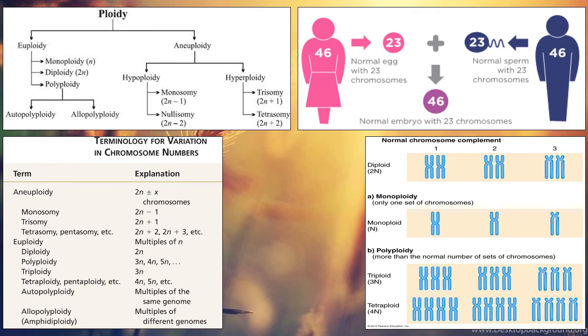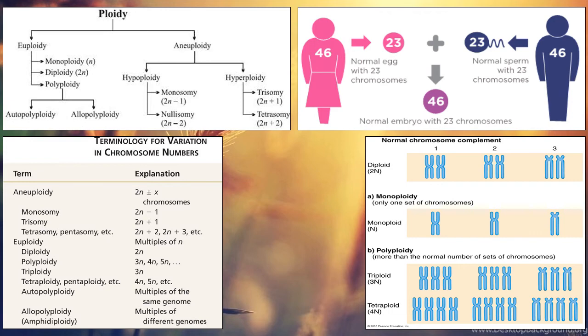Now, euploidy is mainly of three types: monoploidy, diploidy, or polyploidy. In monoploidy, it involves the loss of a particular set of chromosomes, and in diploidy, it involves the same number of chromosomes which is present in a particular individual, that is, we are diploid organisms.